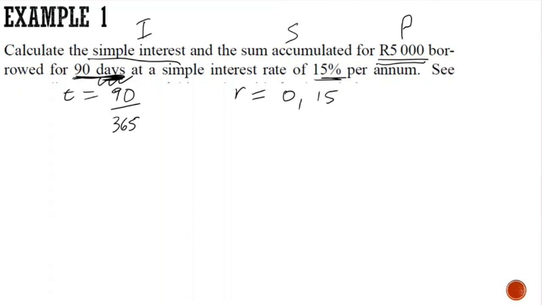I'm going to highlight what can be a difficulty. A difficulty would be if you've got 5%. Other people just write it as 0.5. That's a misconception that you'd find.